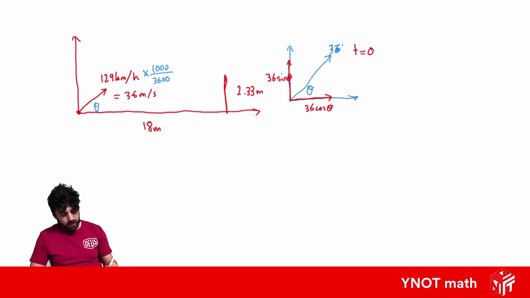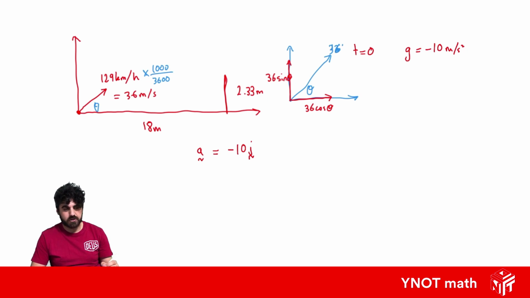We're going to start with our acceleration vector. We're going to use gravity as minus 10 meters per second squared, just to make things a little bit easier. Gravity is the only thing acting for acceleration, and it only acts in the y direction, so our acceleration equals minus 10j.